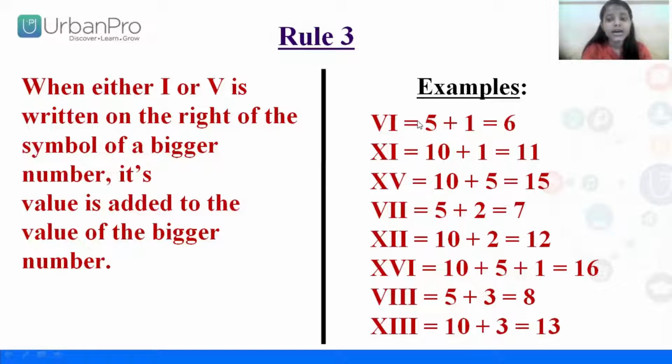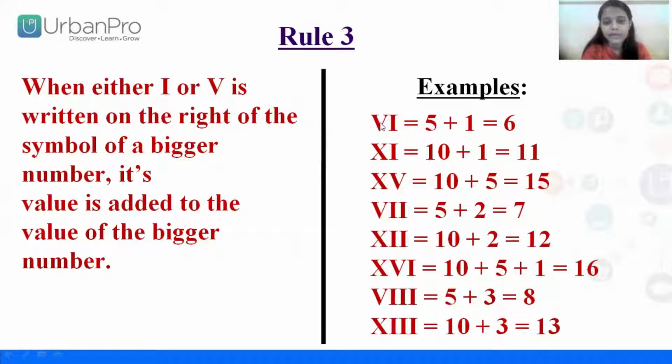Check here, you will have only bigger numbers before the smaller number. See here, 5, 10, 10, 5, 10, 10, 5 and 10. Only the bigger number starts first, right? So if you get a bigger numeral first, then you have to add each Roman numeral.